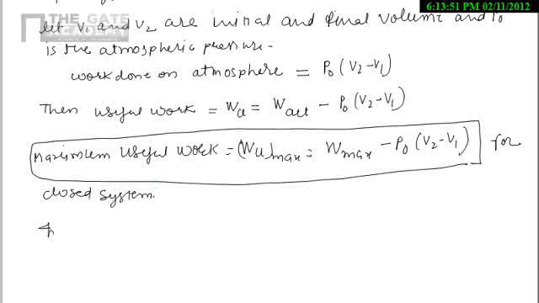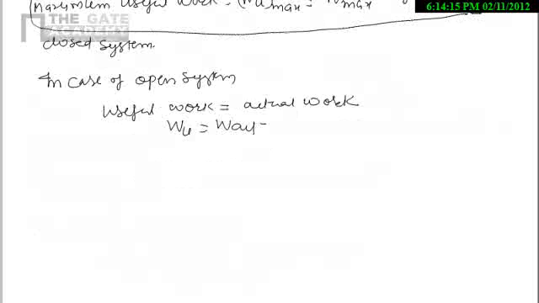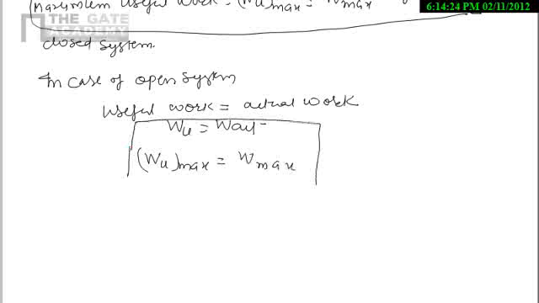So in case of open system, the useful work is actual work, which means we can write WU equals to W actual, or in terms of maximum work also we can write WU max equals to W max. So in case of open system, there is no change in volume.